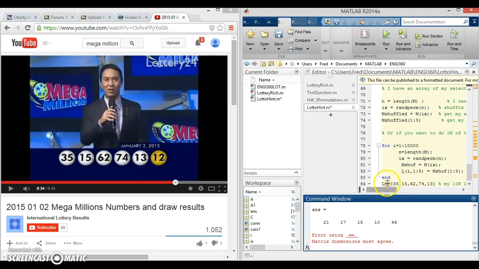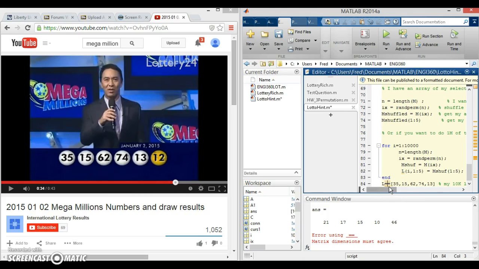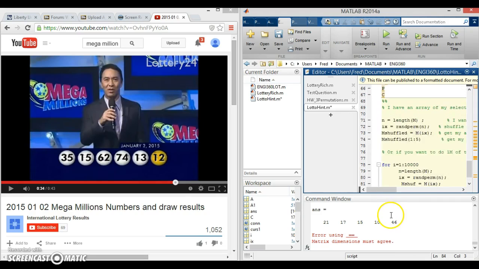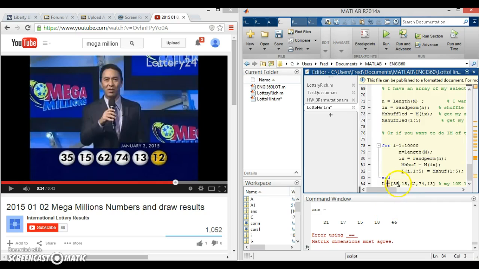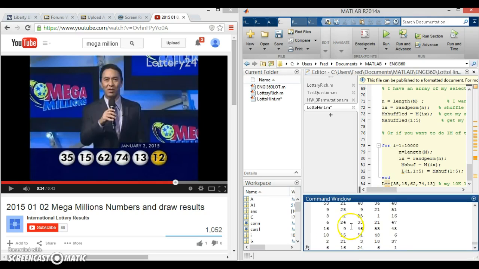I don't know why it's doing that, but oh, it's not checking it line by line. Well, then I guess we could go through here and determine each one of the lines to see if we won any of the lines. But that would take a long time to do by hand.